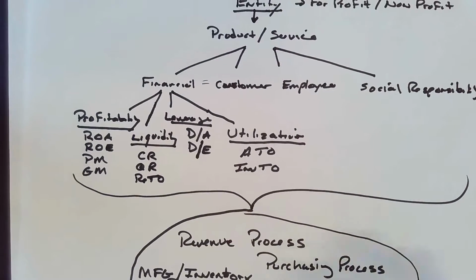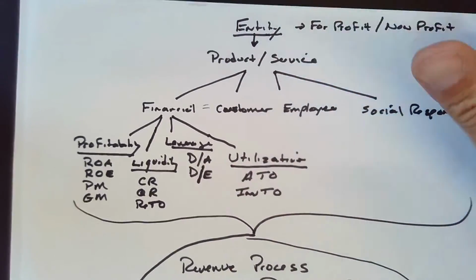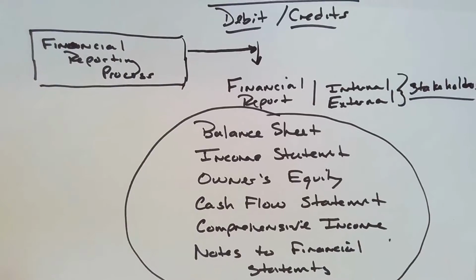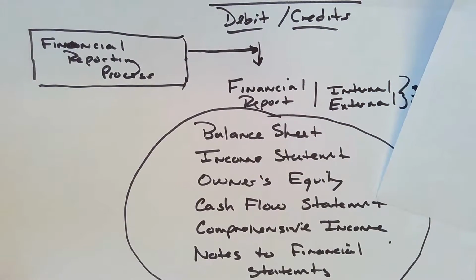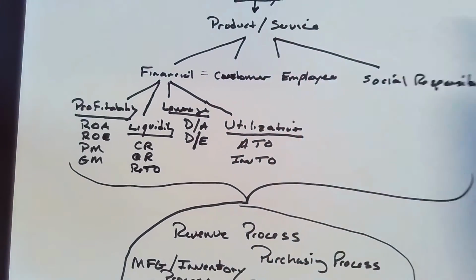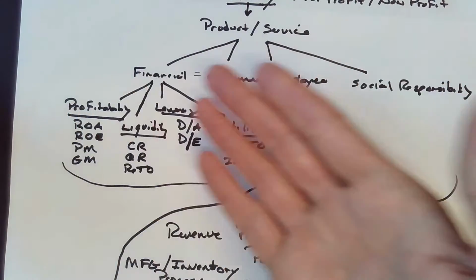Now, remember this from when we talked about how we go from the entity and their product and service all the way down to the financial statements, the cash flow statement being one of those financial statements. And we had different objectives and sub-objectives for financial.